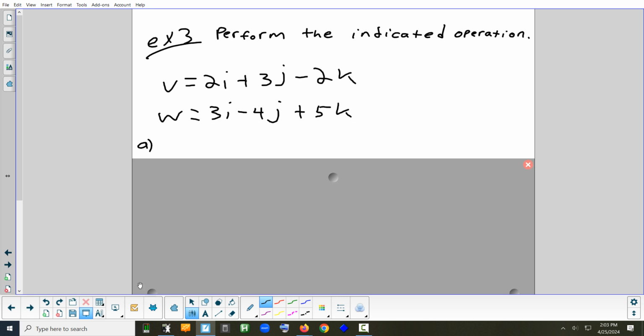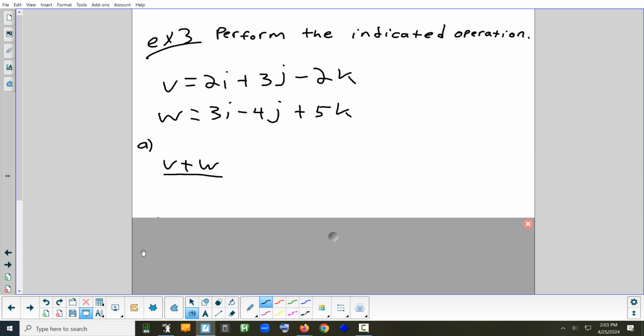All right, so here are your two vectors. And the first thing I want to do is add them together. Not visually. I don't want to draw a 3D and then connect the diagonal. I want to do it numerically. So when I add these vectors together, what's going to be my i component? 5i, yep.